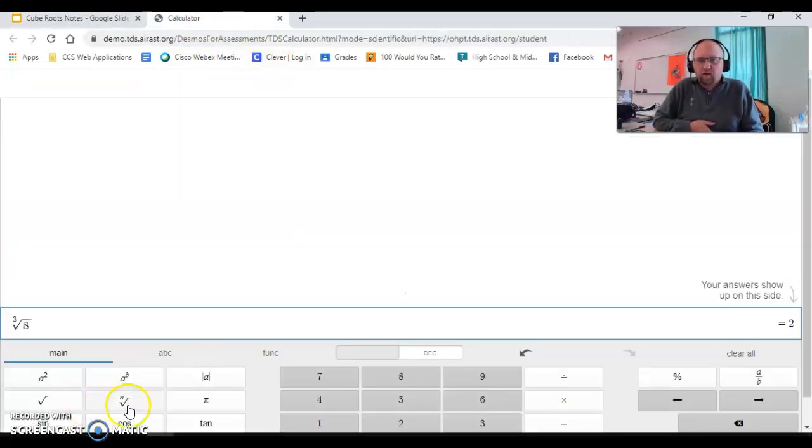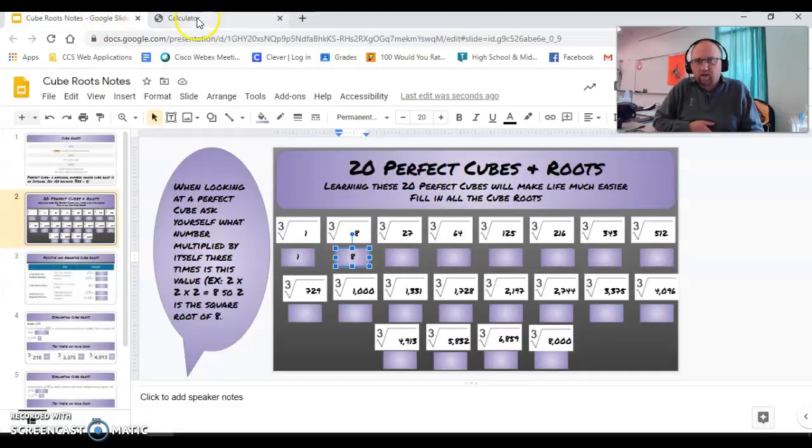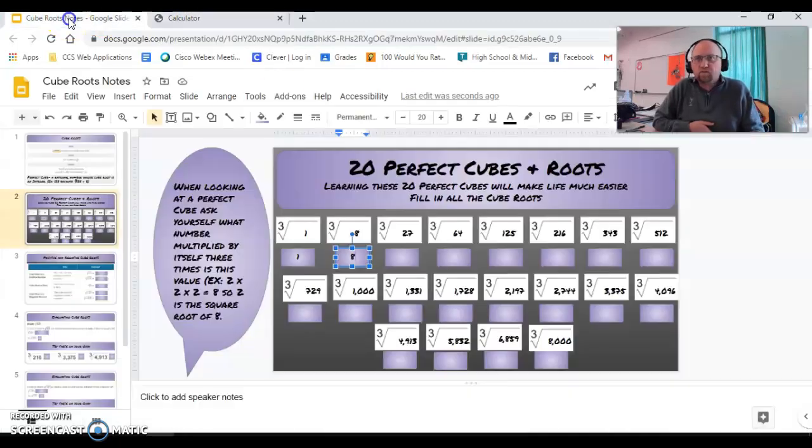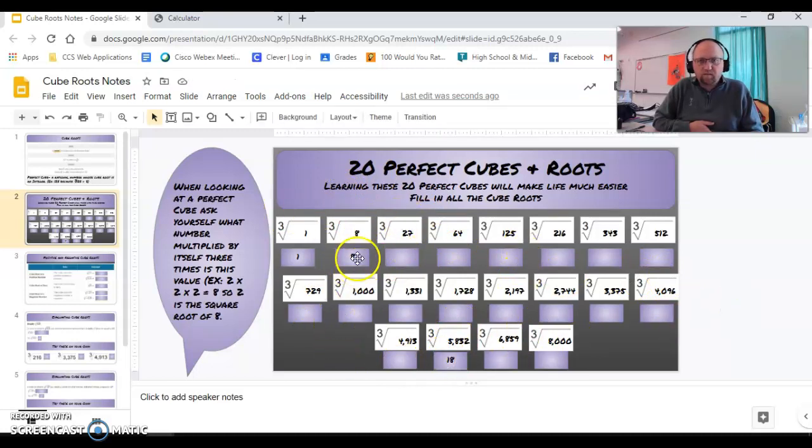One last time on that, I'm going to bring up the nth root, and I'm taking the cube root of 5,832, and we find that is equal to 18. So you would need to complete the rest of this table for all of these.